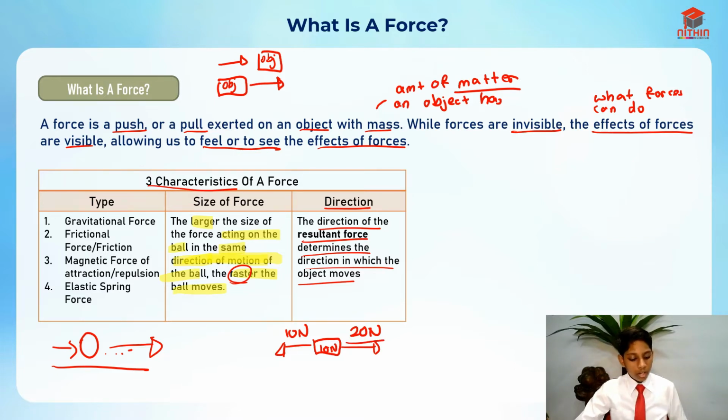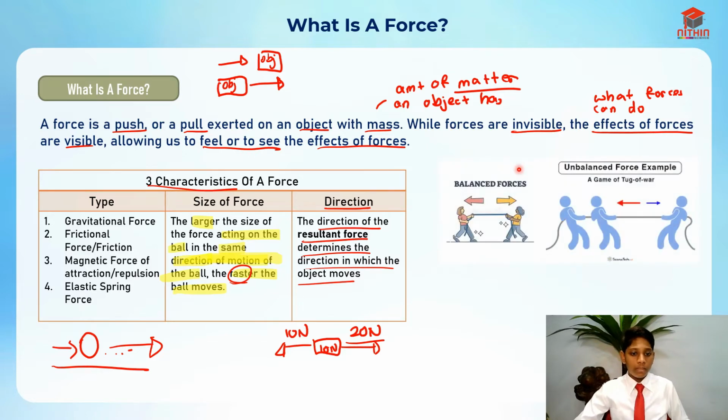So if we are going to ask, does it move this side or this side, it actually moves in this side, because this side over here actually has a greater force than this side, thus it actually overcomes this force over here. Okay, and thus this force will overcome this force and move in this direction. Okay, so I hope you understood that.